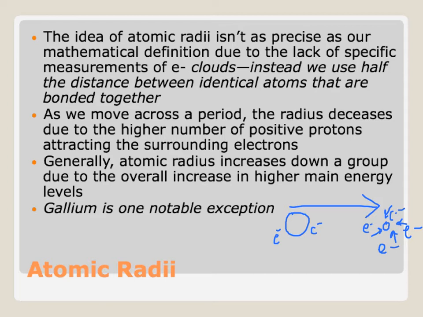As we go down a group, so as we go vertically through a group, from energy level 1 to 2, 3, 4, 5, 6, the atomic radius also tends to increase.